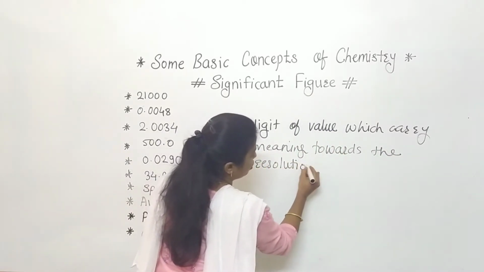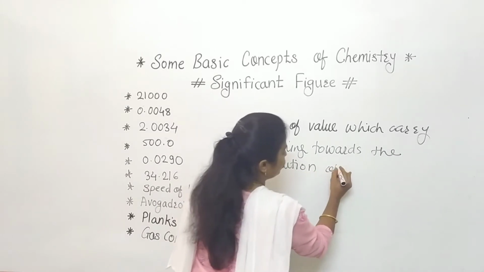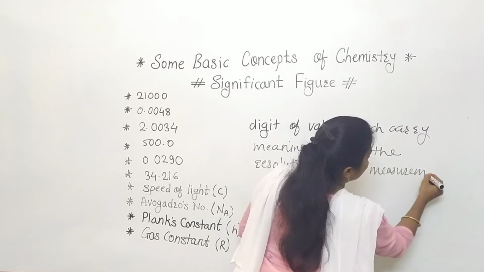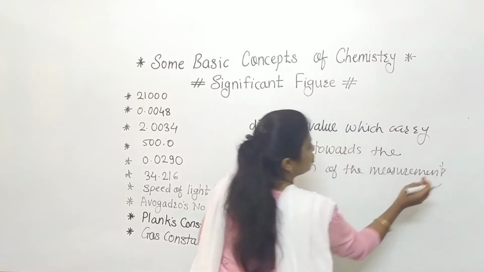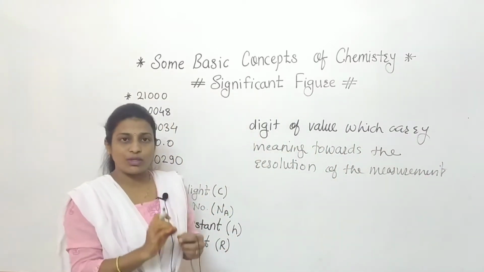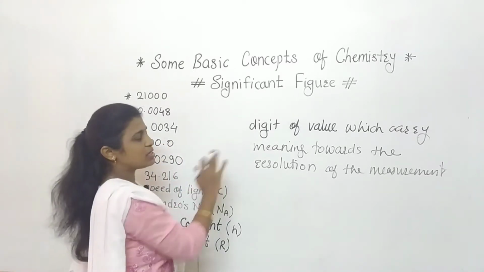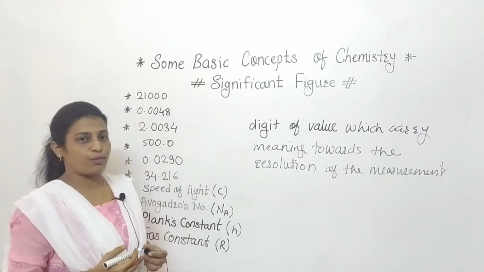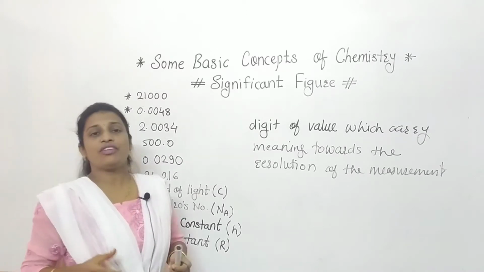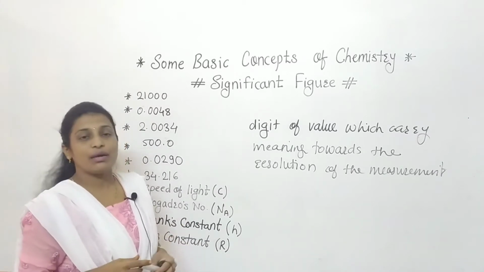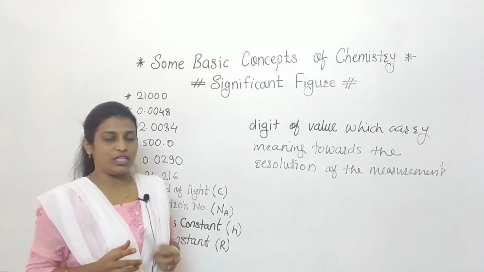So this is the definition of the significant figure. Once again I am telling you that there will be no question based on the definition of significant figure. This is the definition which is not much more important. So what is the definition? Definition of significant figure is the digit of a value which carries the meaning towards the resolution of the measurement.